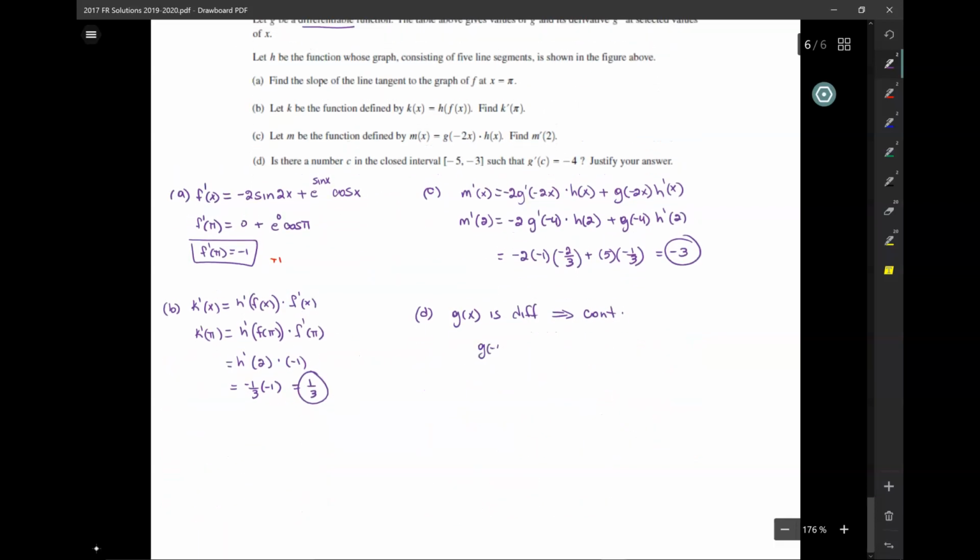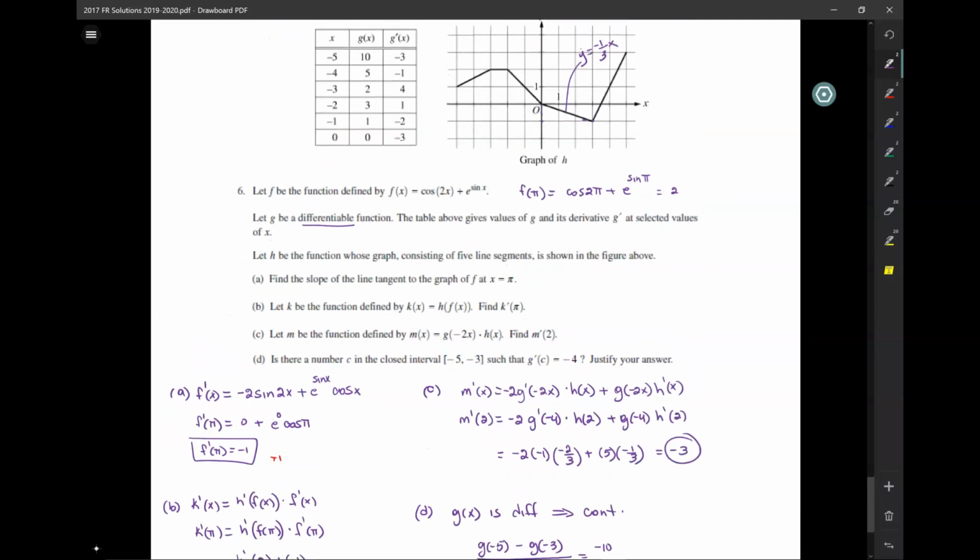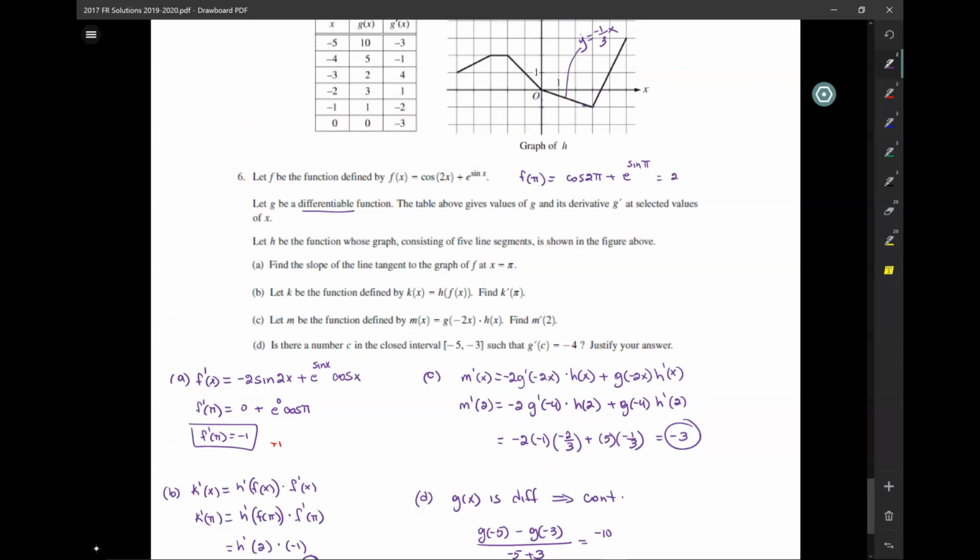So g of negative 5 minus g of negative 3 over negative, that's equal to negative 4. Let's see, g of negative 5 is negative 10. No, hang on. What's g of negative 5?